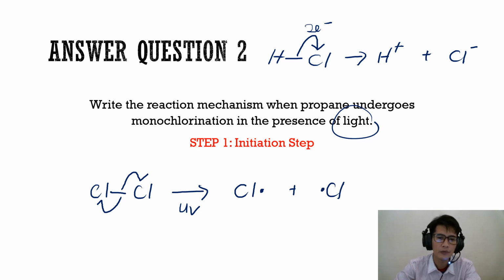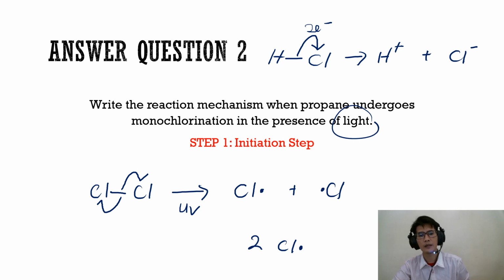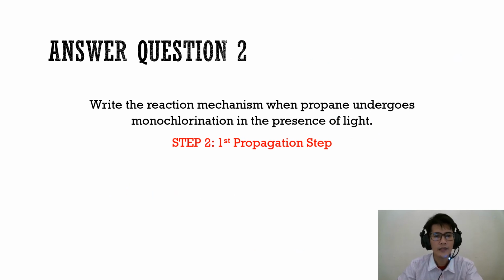Or you can simply write 2Cl dot, that's also fine. No need to write Cl dot like this. So what this Cl dot, or the free radical of the chlorine, does is it will attack the ethane molecule. So we go for the next step, which is the first propagation step.